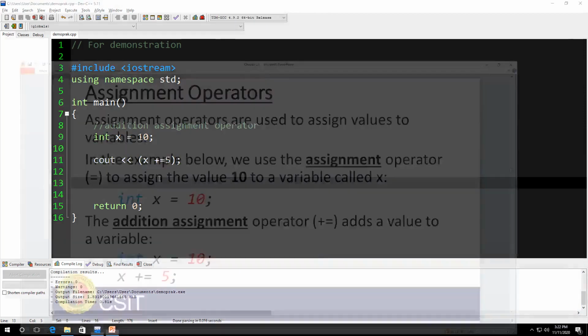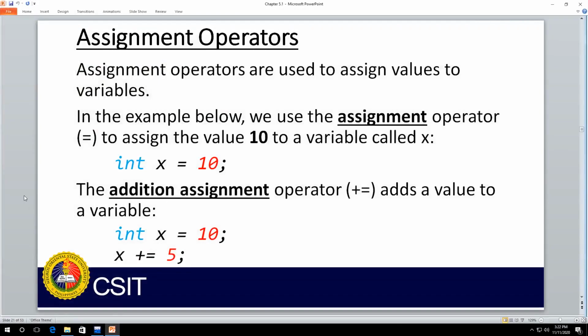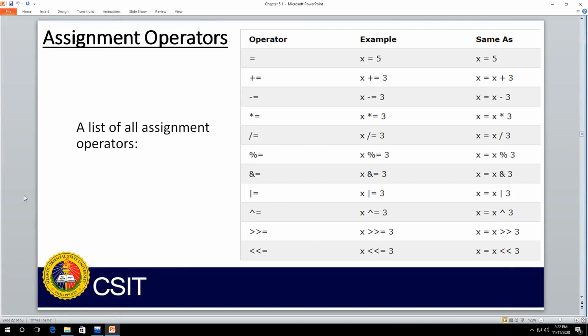So why 15? So this is the one. The example was this one, addition assignment operator. So in our example, it was x is equals to 10. So x addition assignment 5 in our example is equals to x plus the number.